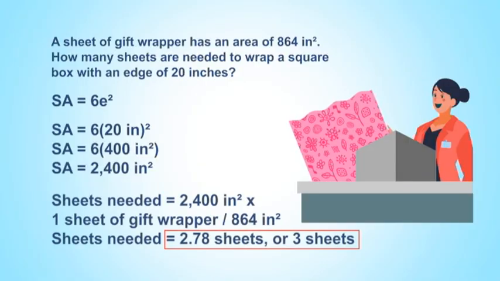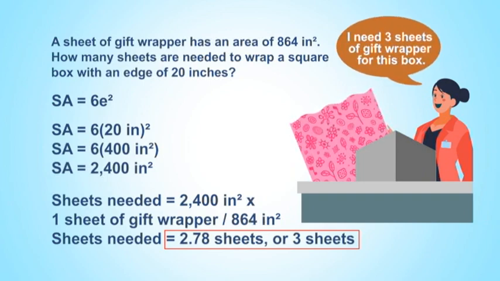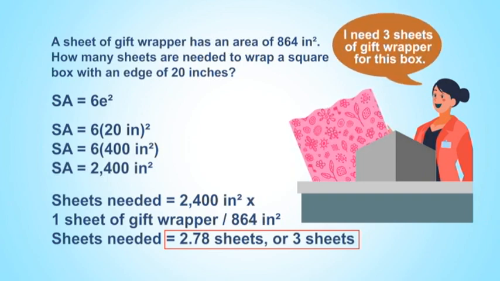We can multiply 2,400 square inches by the factor 1 sheet of gift wrapper over 864 square inches. Solving, we get 2.78, which we can round off to 3. This means we need 3 sheets of gift wrapper to wrap the square box we were given.